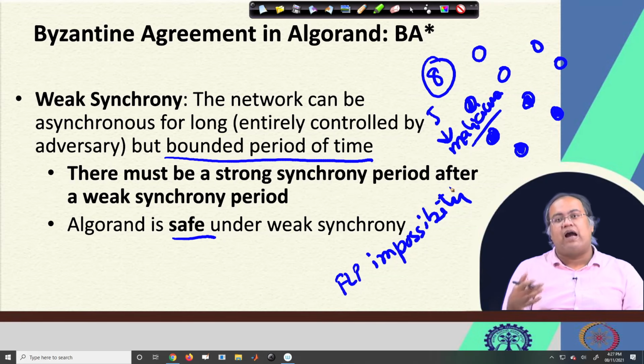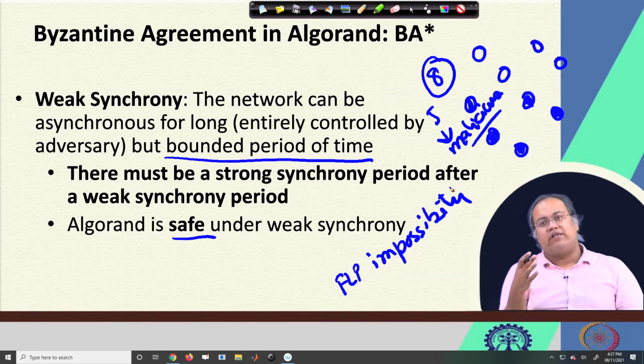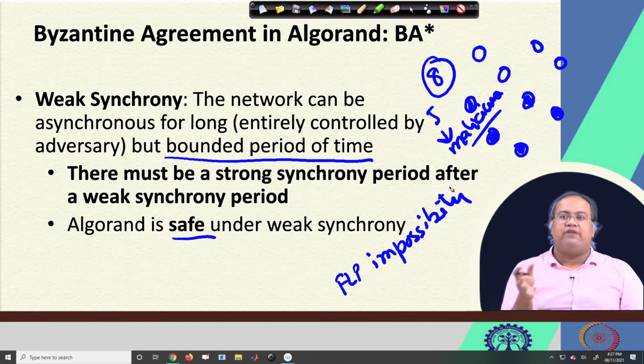I will come out of that weak synchronous environment, and under the strong synchronous environment I would be able to ensure that the majority of honest users share information with each other. So, the adversary cannot create a partition for long in a network.